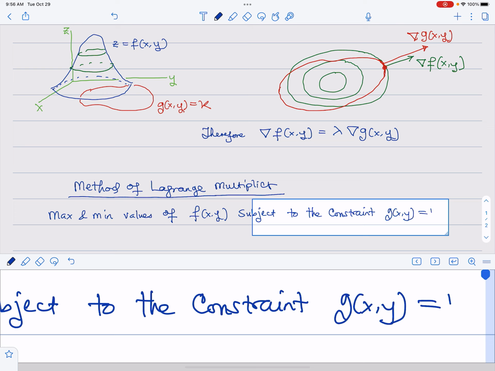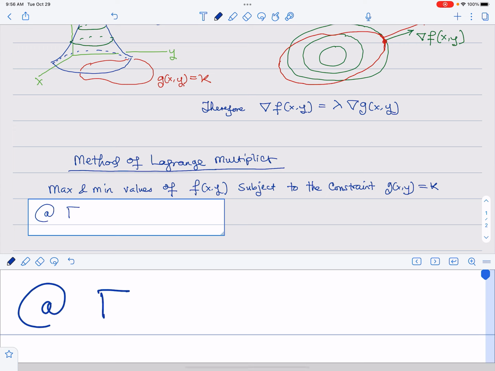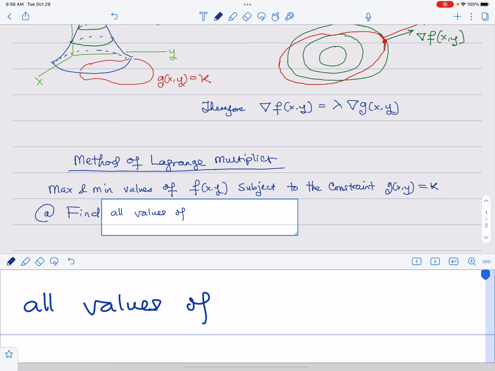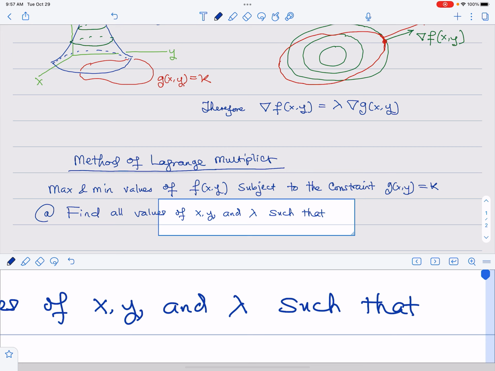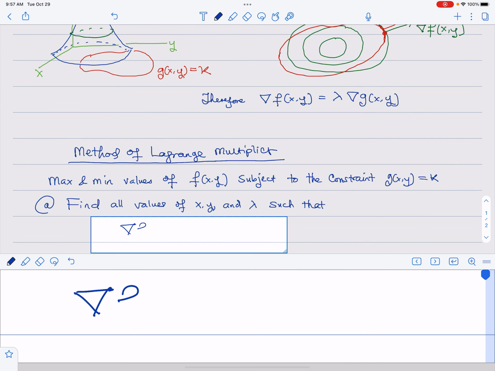The first thing we want to do is to find all values of x, y, and lambda such that the gradient of f is equal to lambda times the gradient of g. And then we also have g of x, y is equal to k.